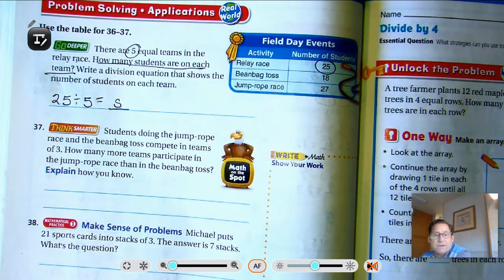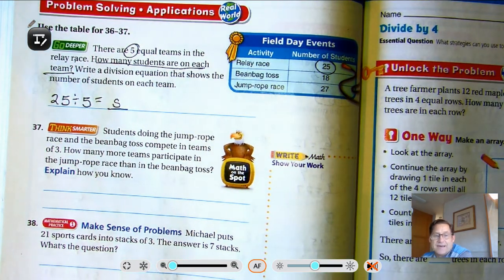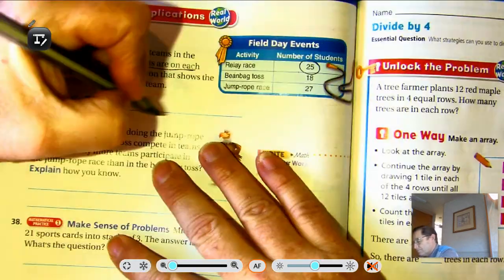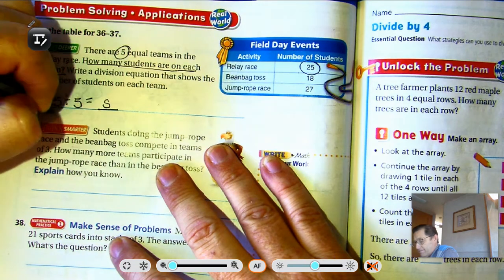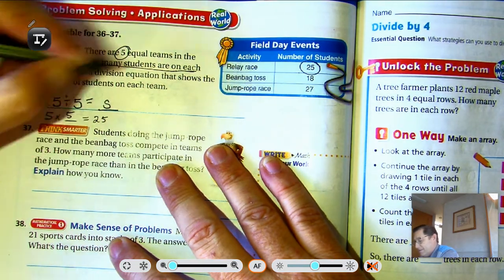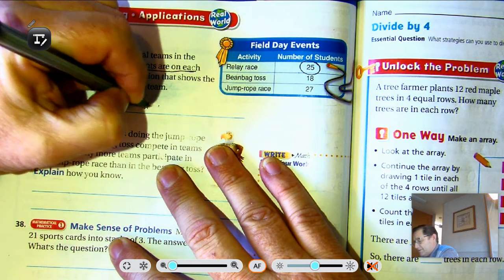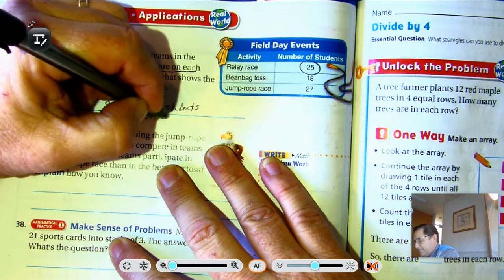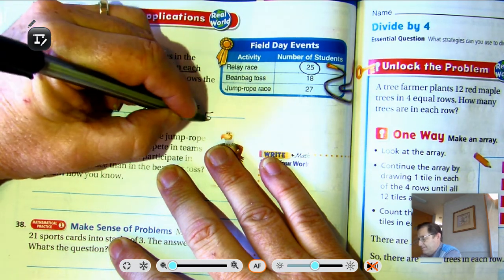So 25 divided by 5 equals S, S standing for the number of students. 5 times what is 25? 5. So the number of students on each team is 5.